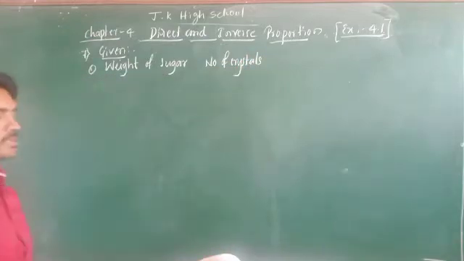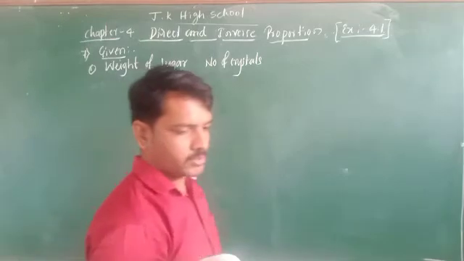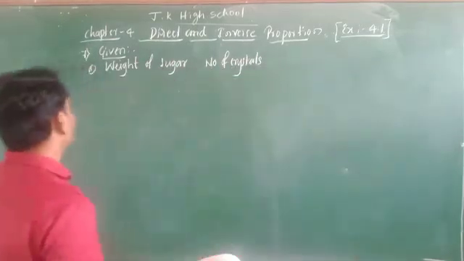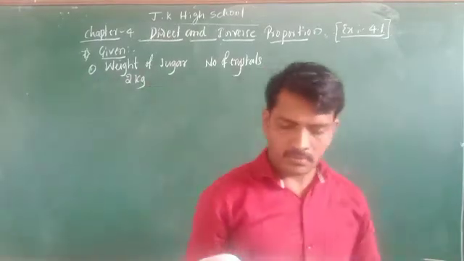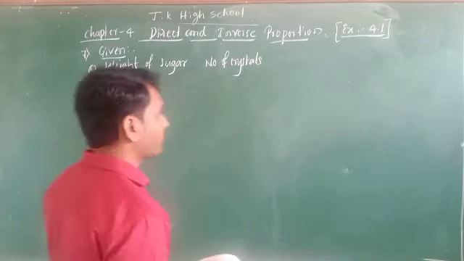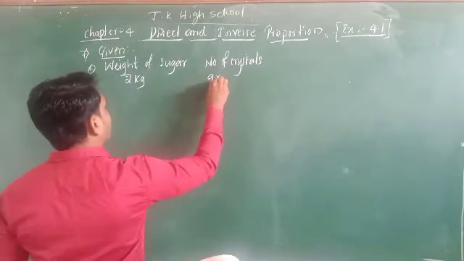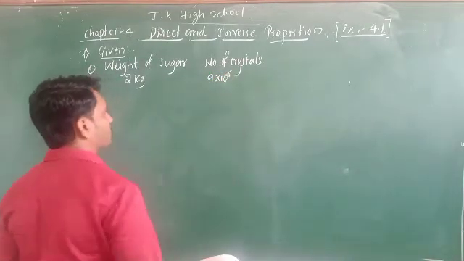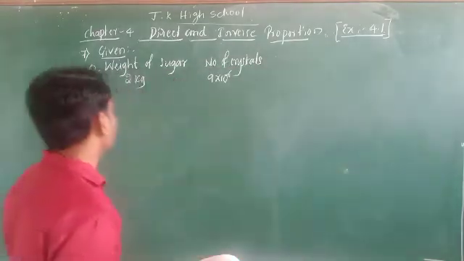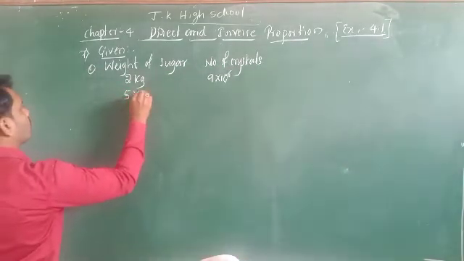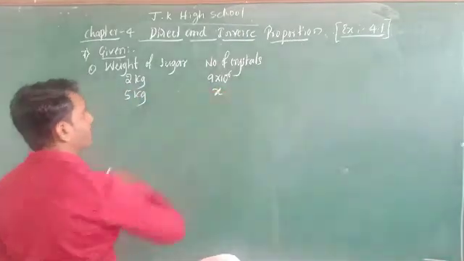So 2 kg of sugar contains 9 into 10 to the power 6. Then 5 kg is equal to x.